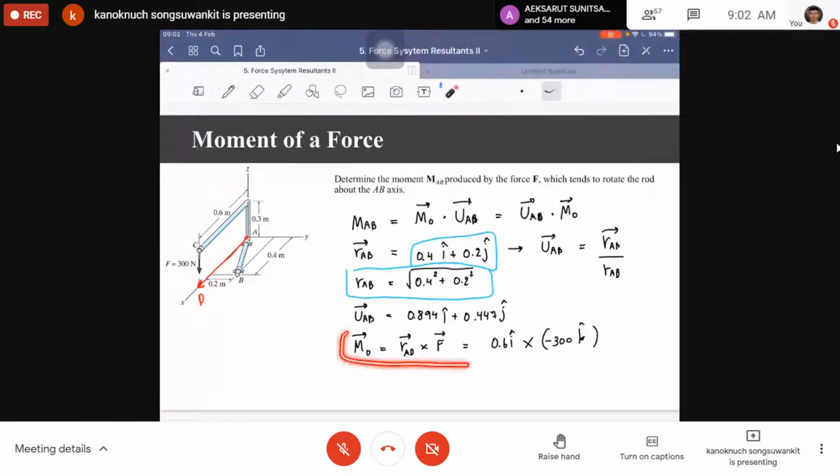Okay, so we have the moment, we have the unit vector, we have everything that we want. So let's put it into the matrix form. MAB equals UAB dot MO.